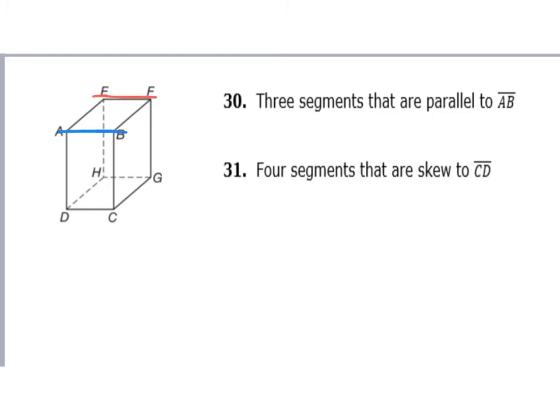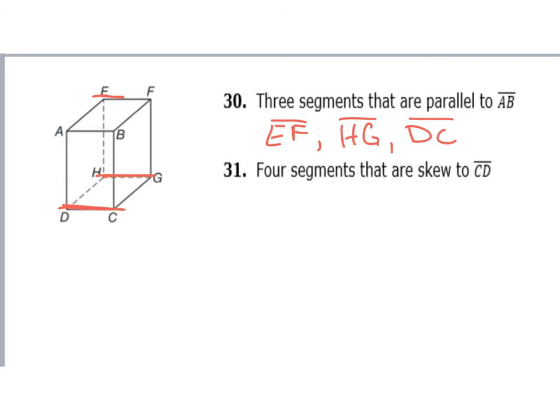So EF, HG, and DC are all parallel to AB. So EF with a segment bar, HG with a segment bar, and DC with a segment bar. Okay?